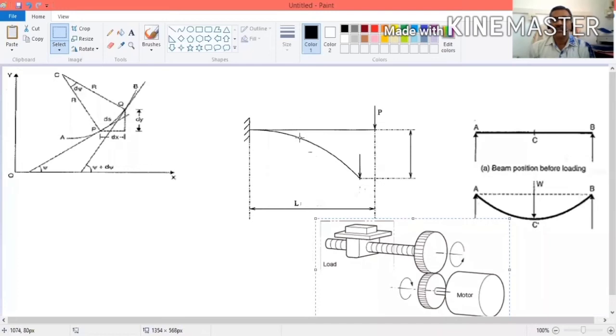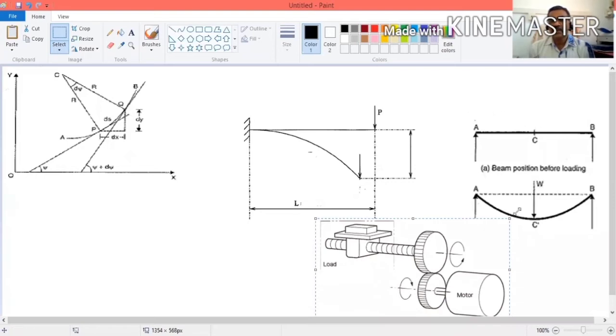Now look at this diagram. In this diagram, you see a cantilever beam. In the cantilever beam, when load is applied, it is deflecting like this. This is a simply supported beam.